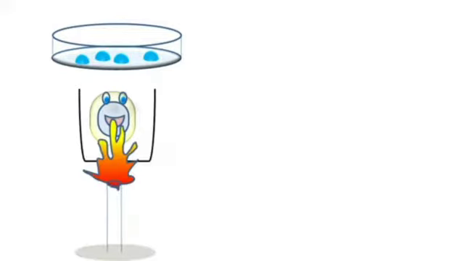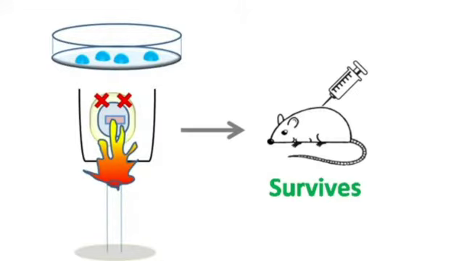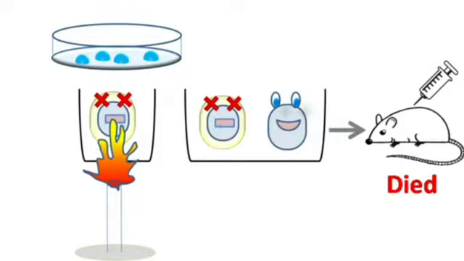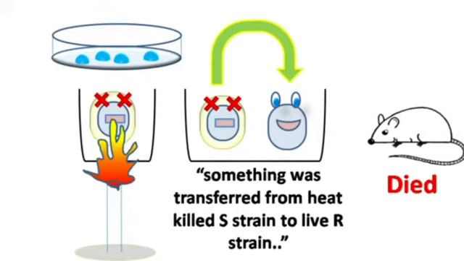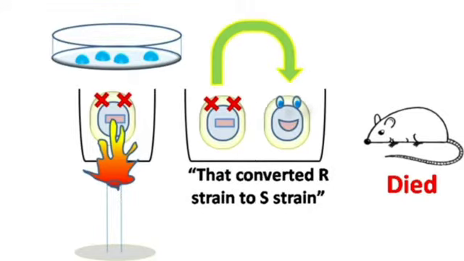In the next experiment, the cells of the smooth strain were killed by heat. When these cells are injected in mice, the mice survives. However, when the cells of the heat-killed smooth strain are mixed with the rough strain and injected in mice, the mice is killed. This result was surprising. This means something was getting transferred from the heat-killed S strain to the live R strain, which converted the live R strain to S strain, which was highly pathogenic.